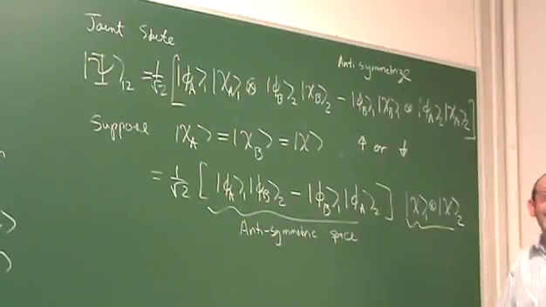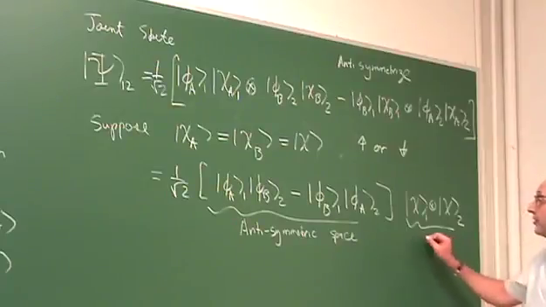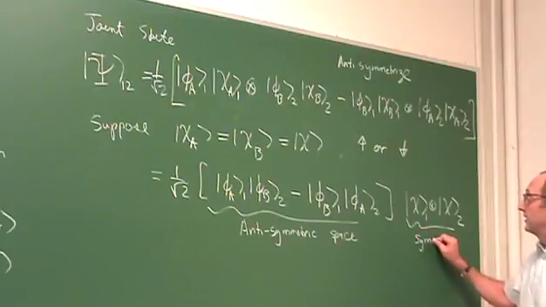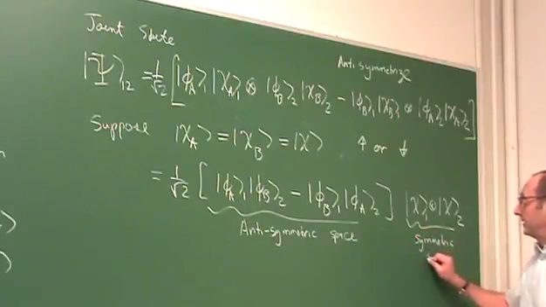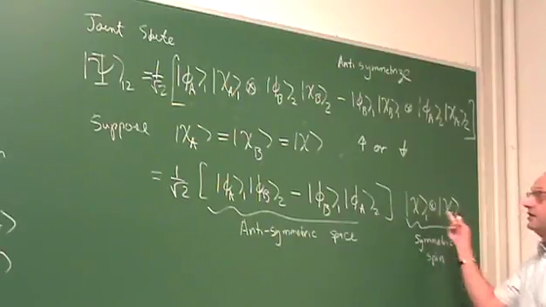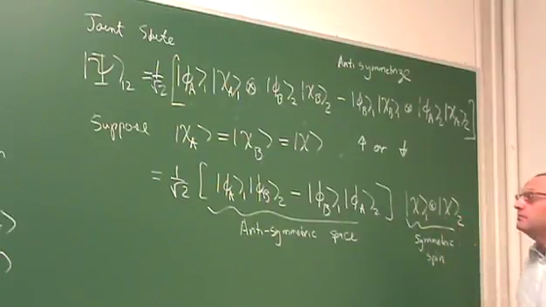This has nothing to do with that kind of antisymmetry where we're flipping the position of the electron relative to the origin. We're flipping the labels of those electrons. Of course, then we have symmetric spin. Doesn't matter if I exchange 1 and 2, this is the same state.